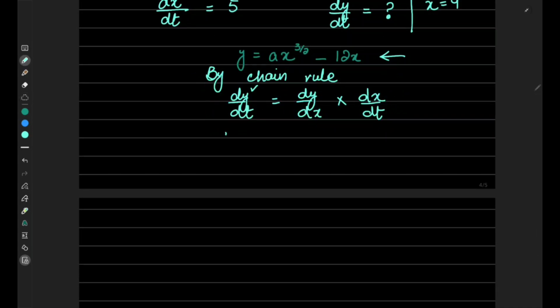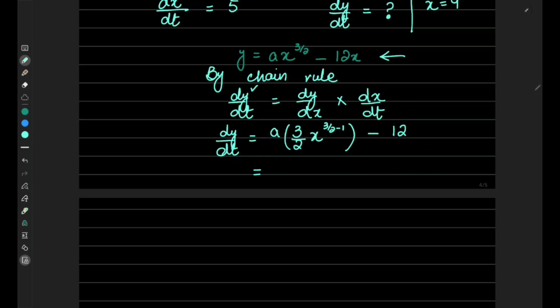So dy over dx would be a times 3 over 2 x to the power 3 over 2 minus 1, minus 12. So what is 3 over 2 minus 1?